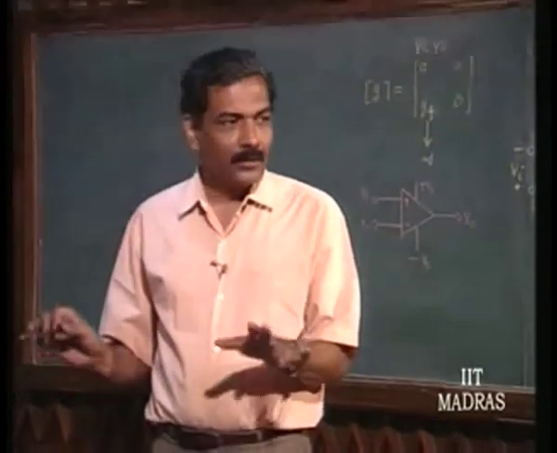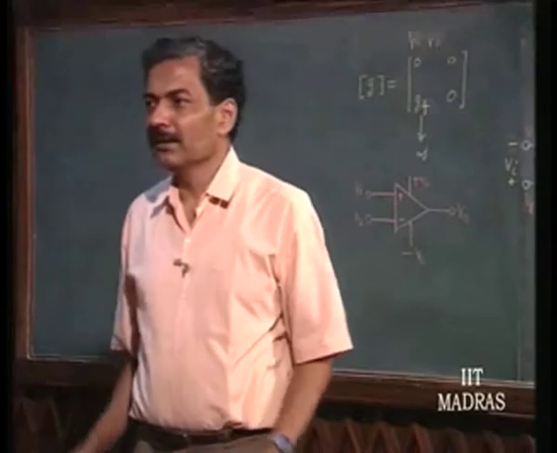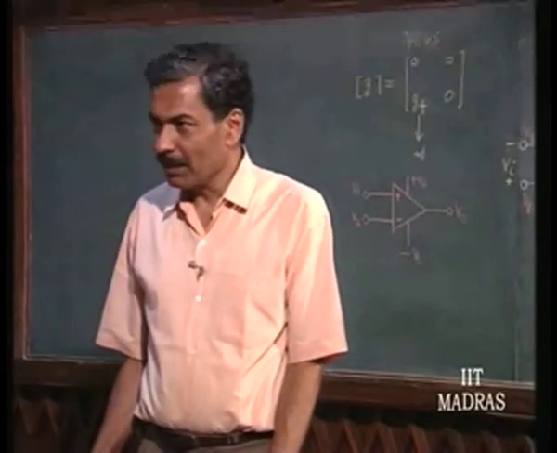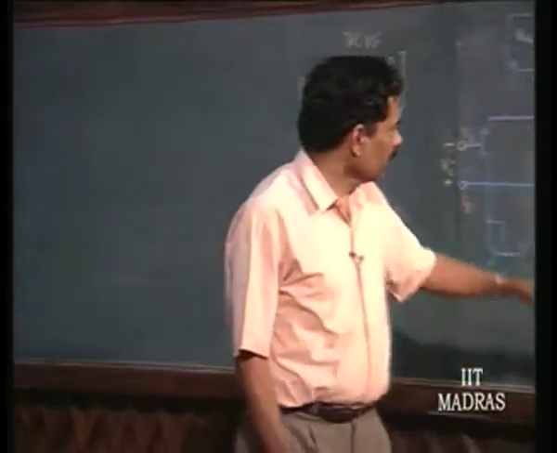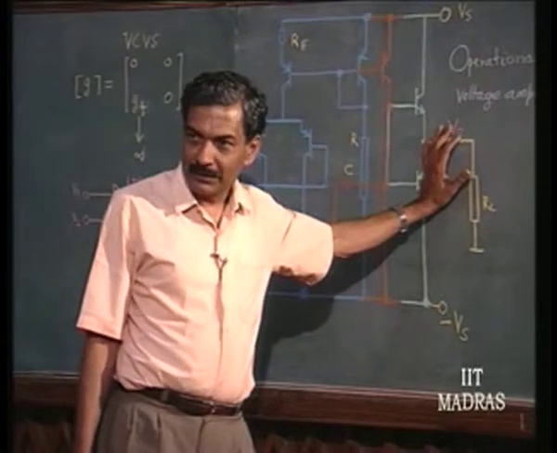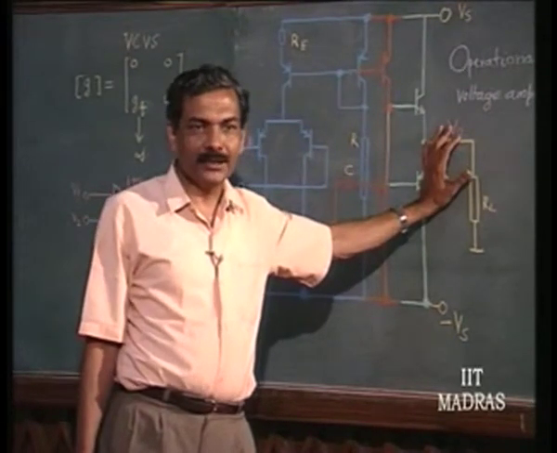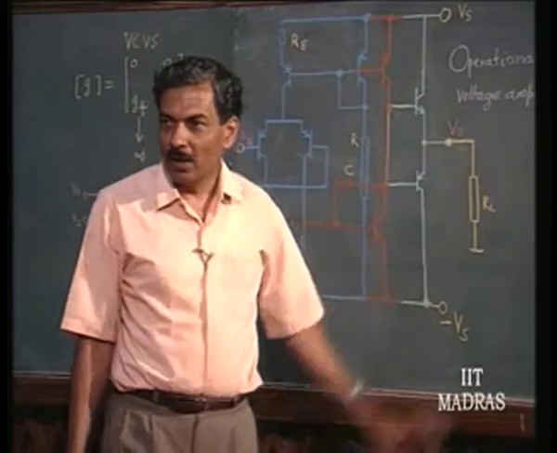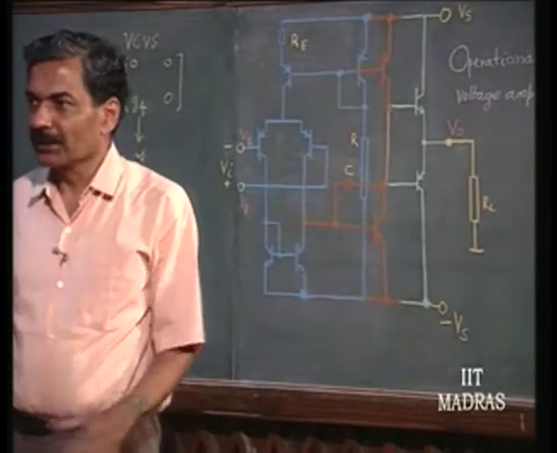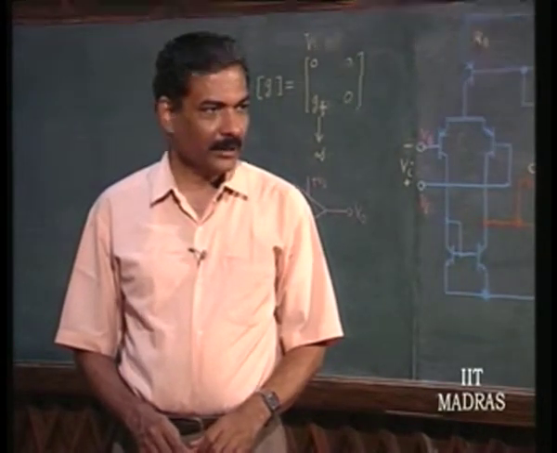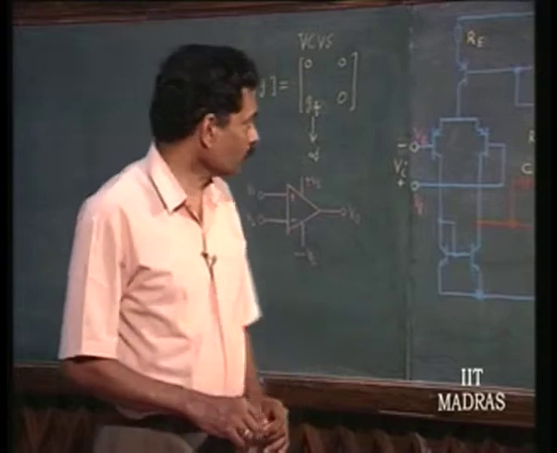So, basically these are not power op amps. We can even design power op amps if we make the output stage truly a power stage. Here the output stage is merely used as a low output impedance source, that is all. Is this clear?